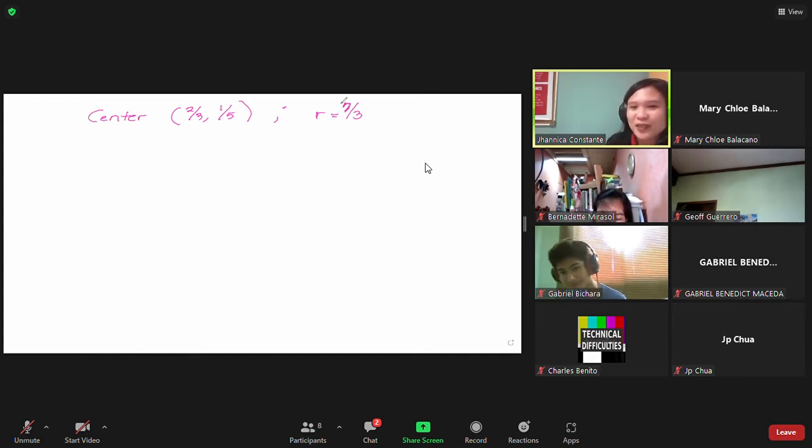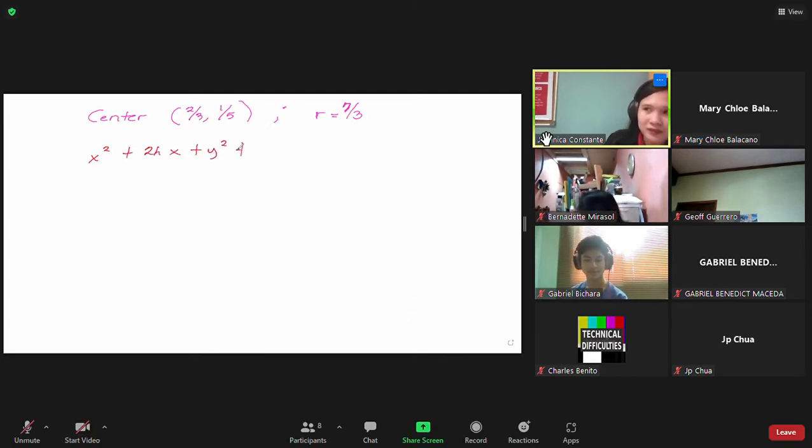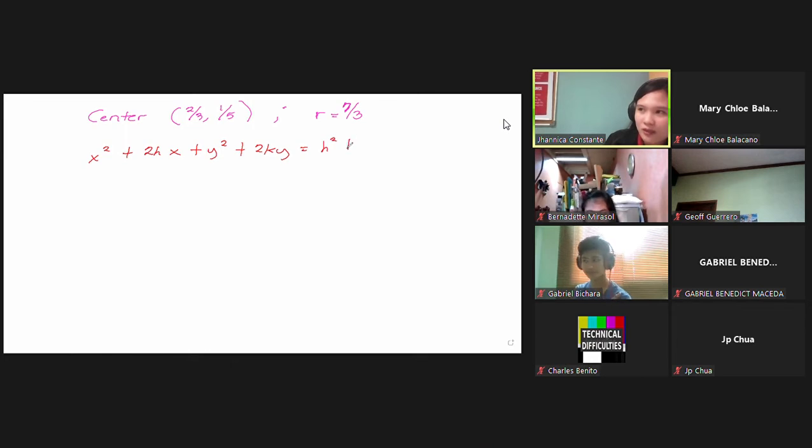And we're going to write the expanded form of our circle using the expanded form, which is x squared plus 2hx plus y squared plus 2ky equals h squared plus k squared plus r squared. Solve.